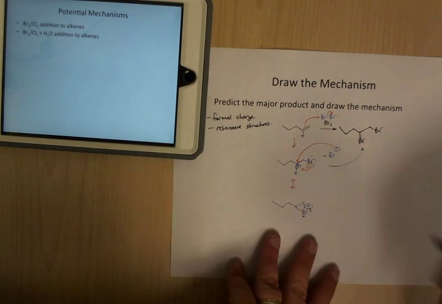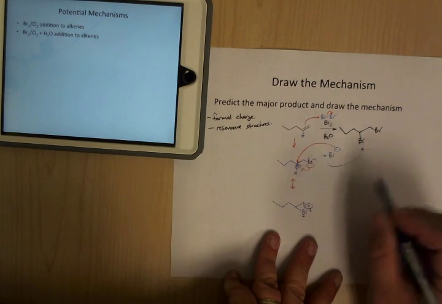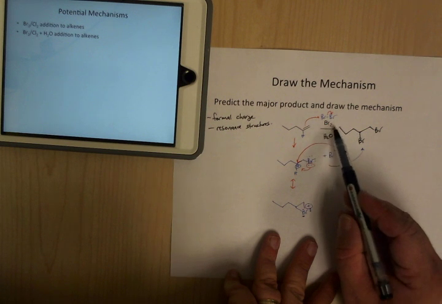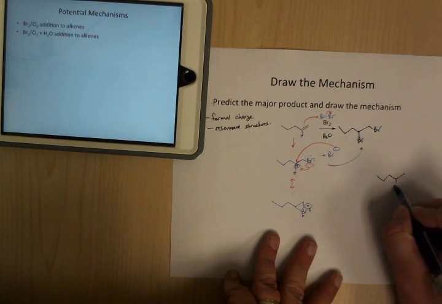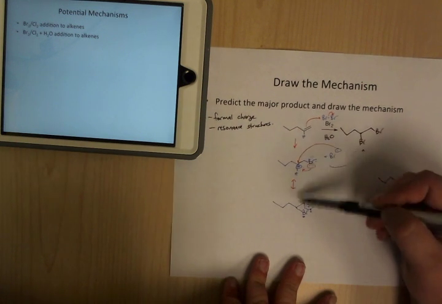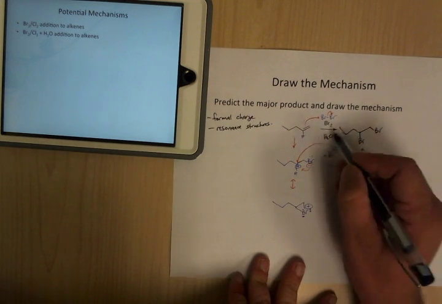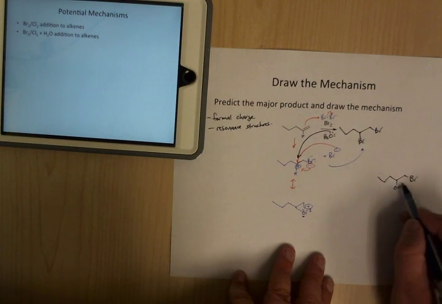Now, the only difference is that if I had water down here, the products can be a little different, OH versus Br, but these steps on this side are going to be the exact same. The only difference is that the water comes in and attacks instead of the bromine to give that.